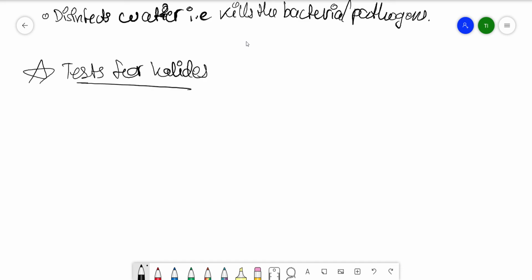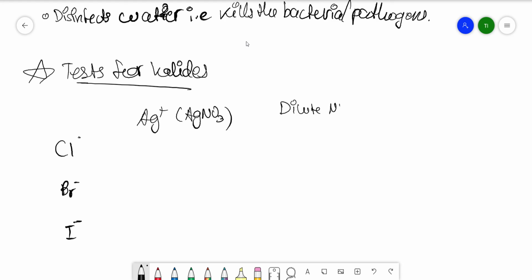So for the halides, there's Cl minus, Br minus, and then I minus, right? And the reaction is with Ag plus, or better known as AgNO3, silver nitrate. Then the reaction with dilute NH3, and the reaction with concentrated NH3.